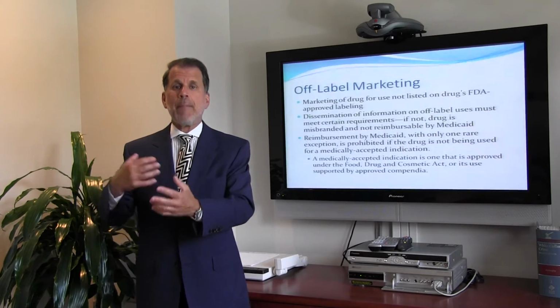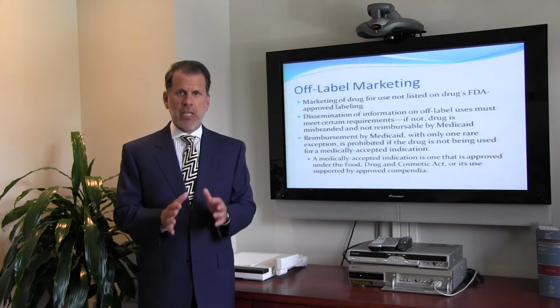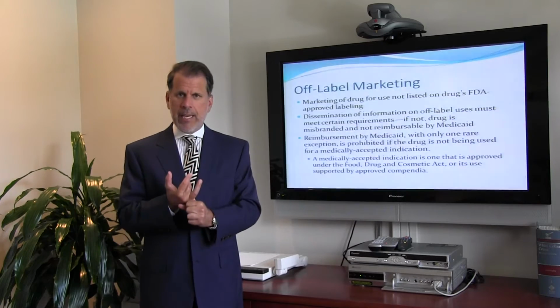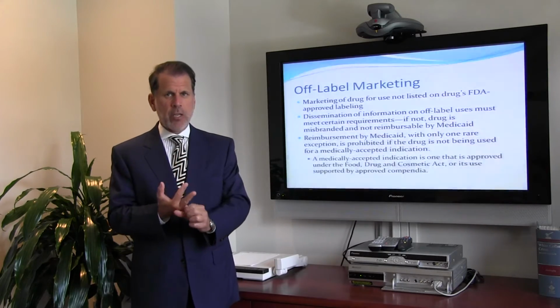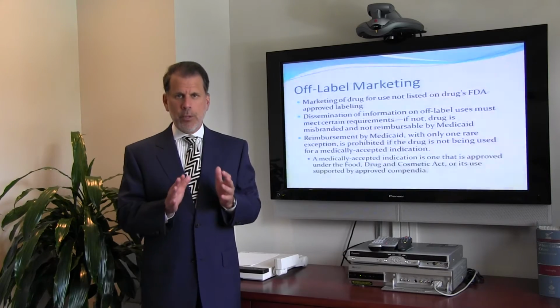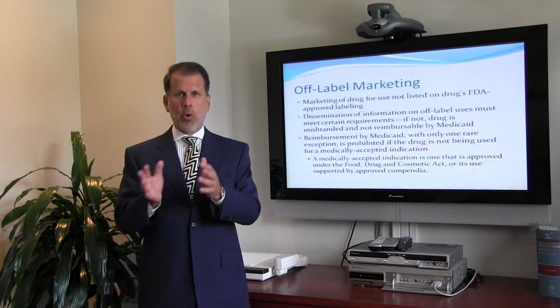Whether or not it's economically advantageous to them is irrelevant. They have to give the government the best price. Again, like the anti-kickback statute, like the Stark statute, best price has some exceptions to it, but you have to read the entire statute to understand the manufacturer's role and liability.